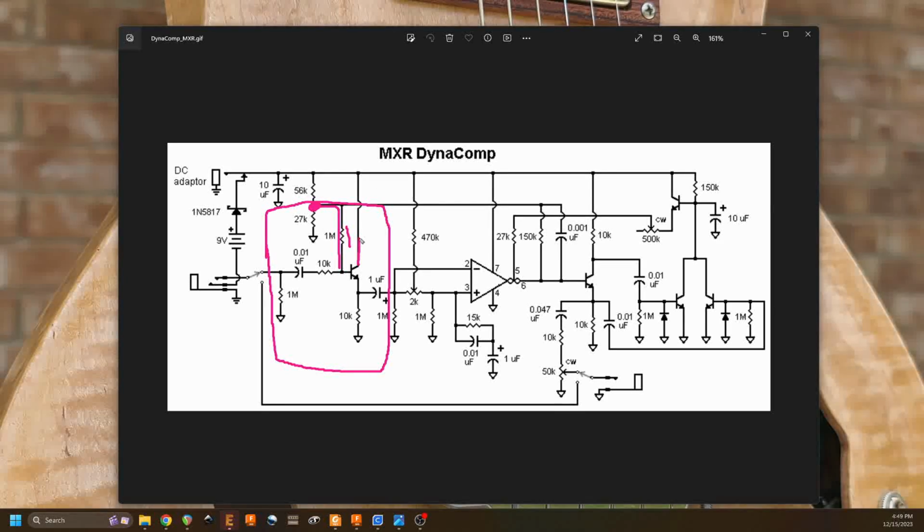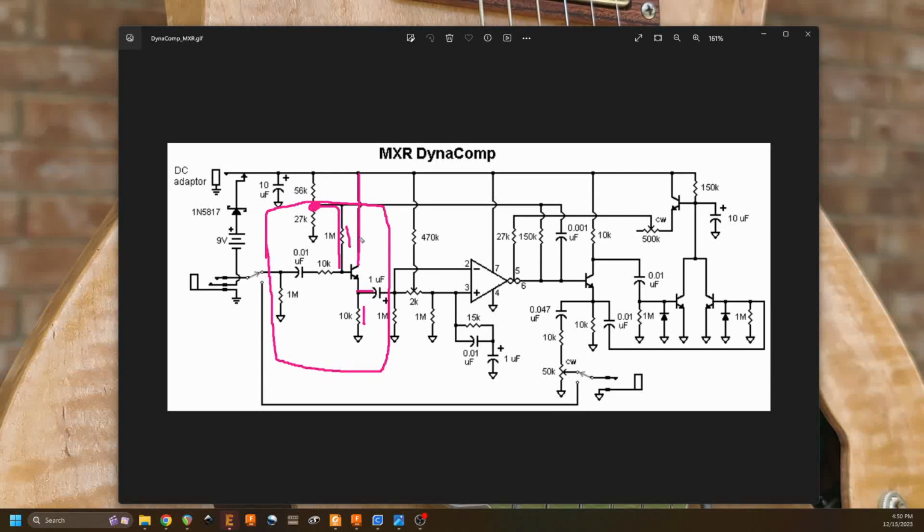The collector is connected directly to power, and our emitter has a 10K resistor to ground, and we're taking the signal off of the emitter. So this is our emitter follower, right? And if you remember, the emitter follower has the characteristic of unity gain and non-inverting amplification.